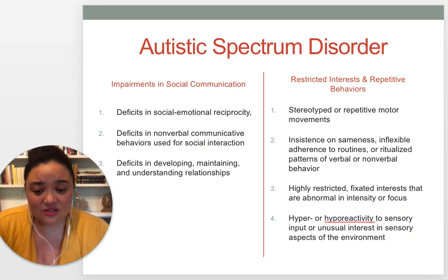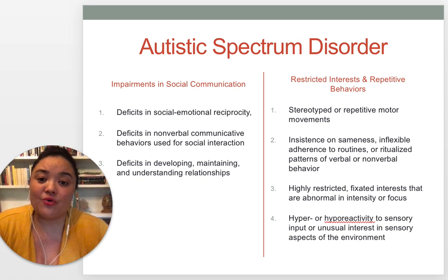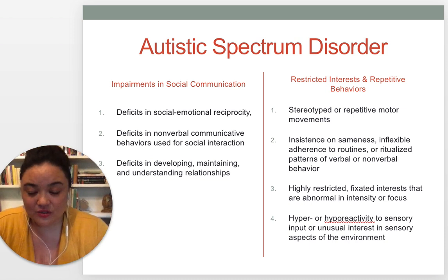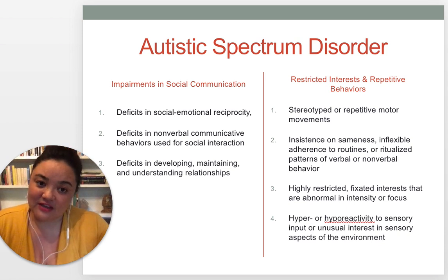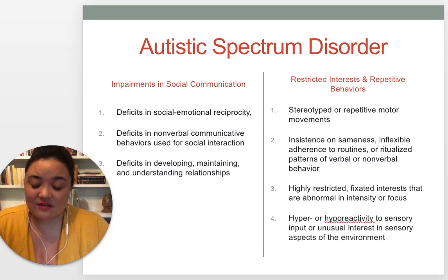So this could look like not adjusting your behavior depending on your social context. So if you were talking to your professor, you would talk to them a lot differently than your roommate, for instance. Right? So a lot of individuals with autism may not adjust their behavior depending on their context.